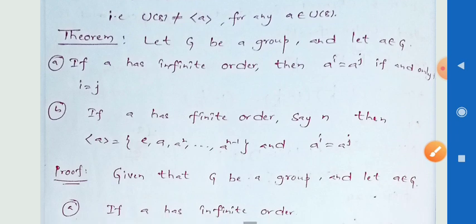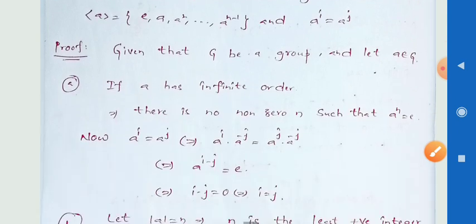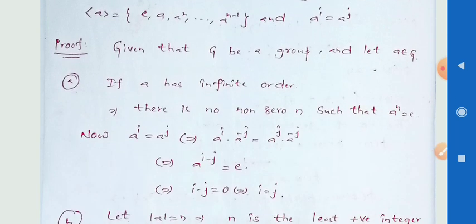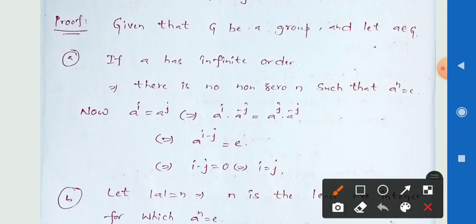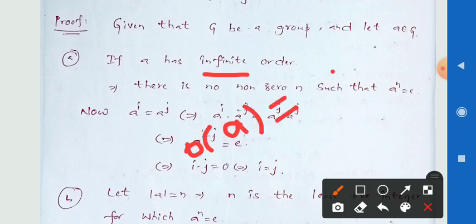Okay. Now the first condition. Given that G is a group and A belongs to G. First condition: if A has infinite order, it means order of A is equal to infinity.